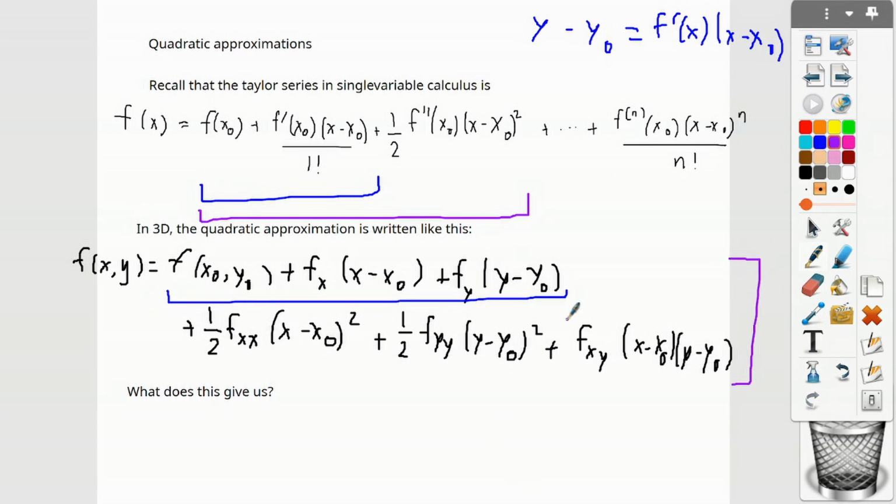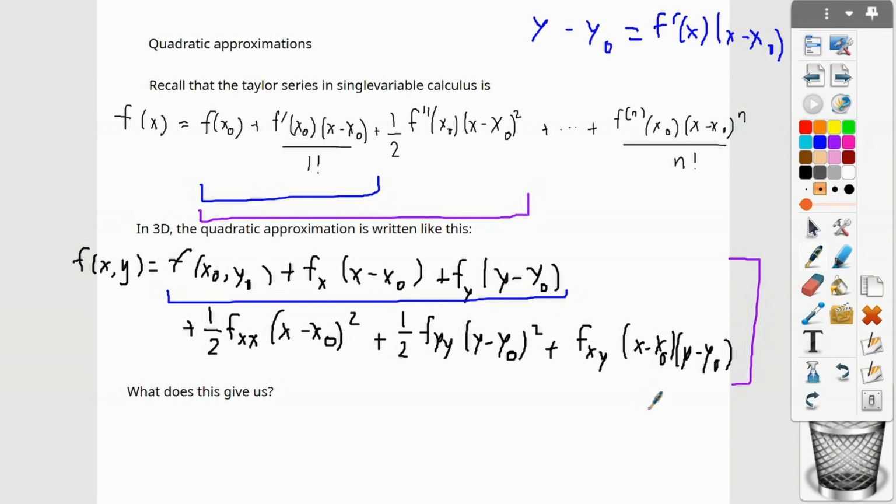So it's the linear plus the quadratic part to get you the entire quadratic approximation. 1/2 times f sub xx, the second derivative of f with respect to x, twice, times x minus x0 all squared plus f sub yy, same thing, squared, plus, there's no 1/2 for this one, it's just 1 f sub xy times x minus x0 times y minus y0.